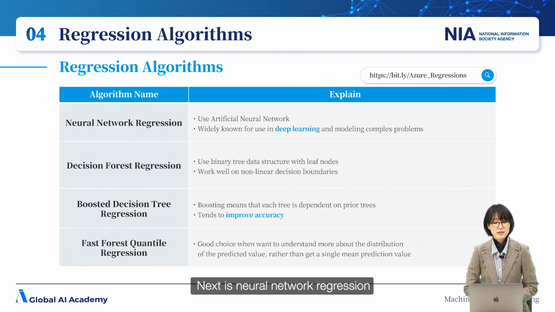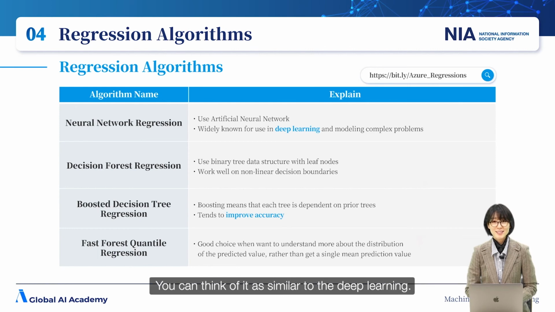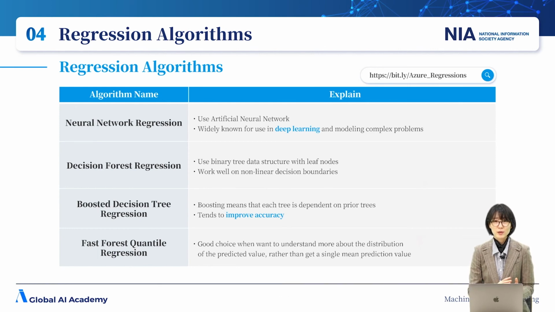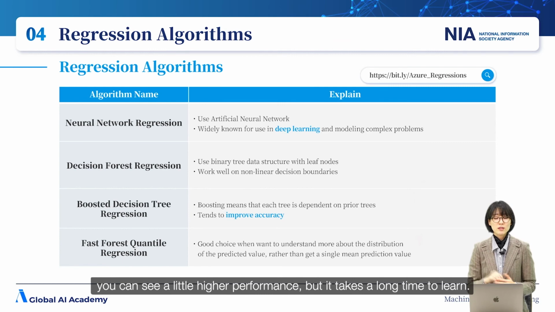Next is neural network regression. This is an algorithm using artificial neural networks. You can think of it as similar to deep learning. If you use this algorithm to solve a more complex problem, you can see a little higher performance, but it takes a long time to learn.